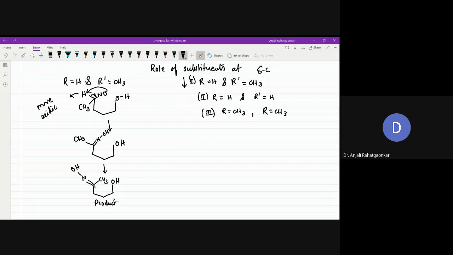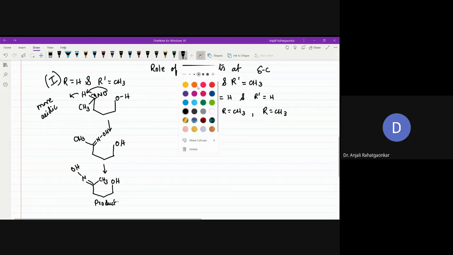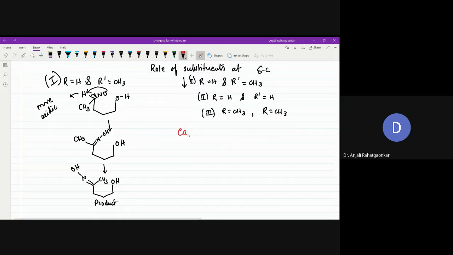Then when your R is equal to H and R dash is equal to CH3, this is your product. Now let us see the second case. What is the second case? The second case is R is equal to H and R dash is equal to H.